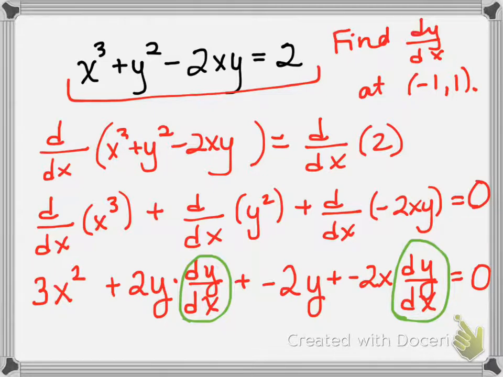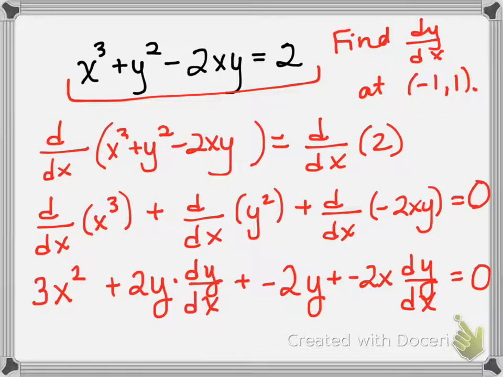Or we know we're trying to find dy dx at a particular point, the point negative 1, 1, so we can go ahead and input negative 1 for x and positive 1 for y.